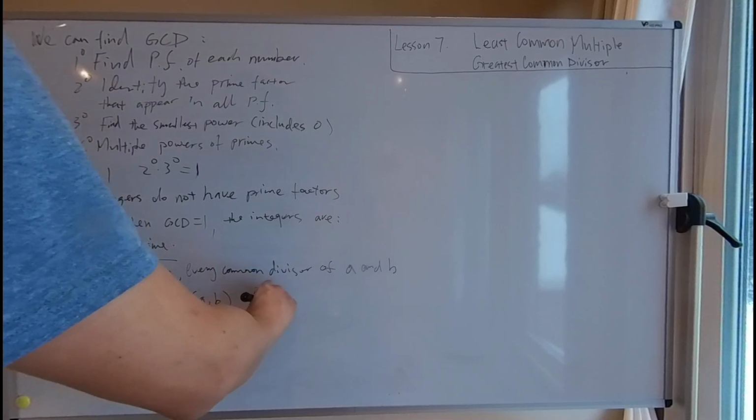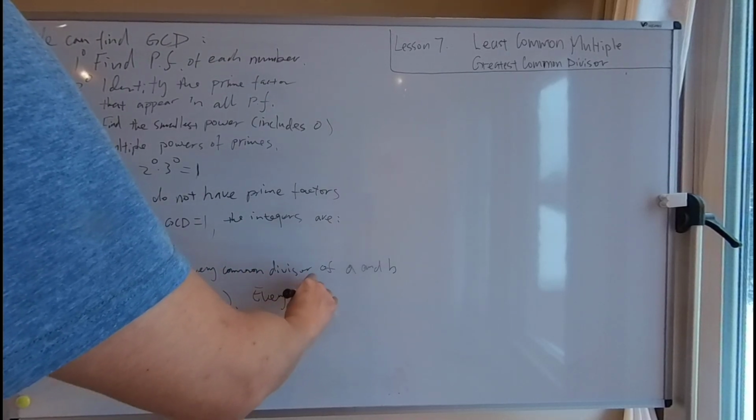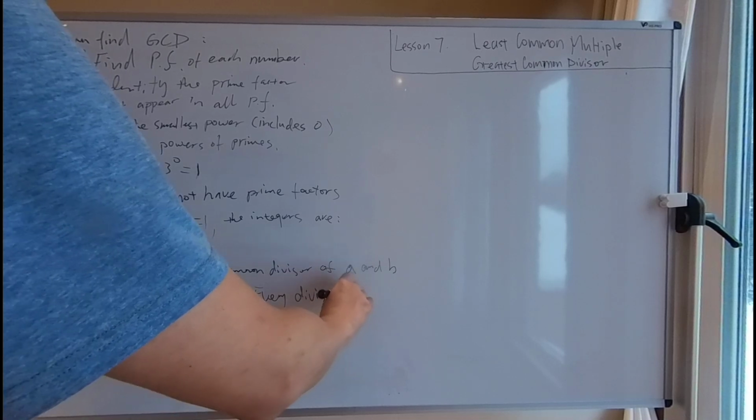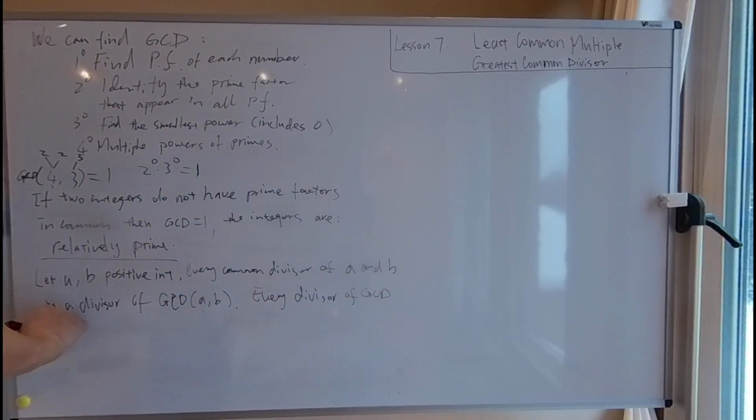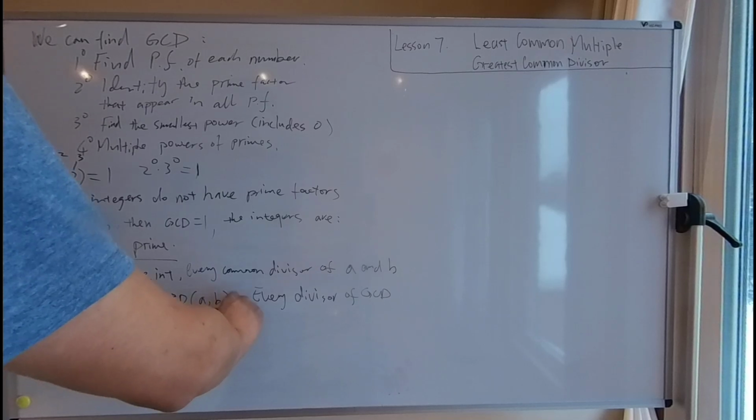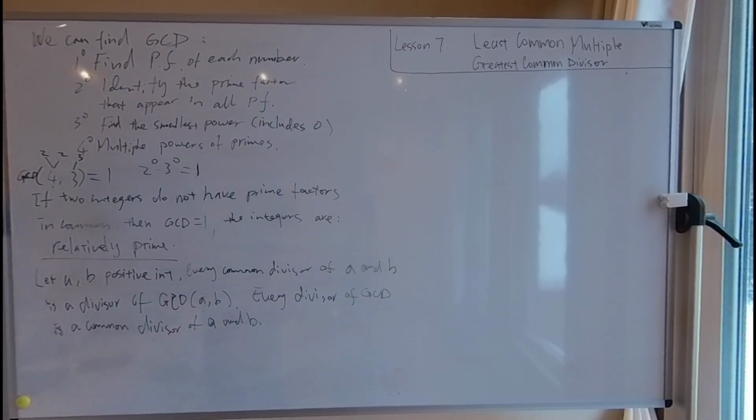And also, every divisor of the GCD is a common divisor of A and B. You can also write as many examples as possible if you want to verify if this is true.